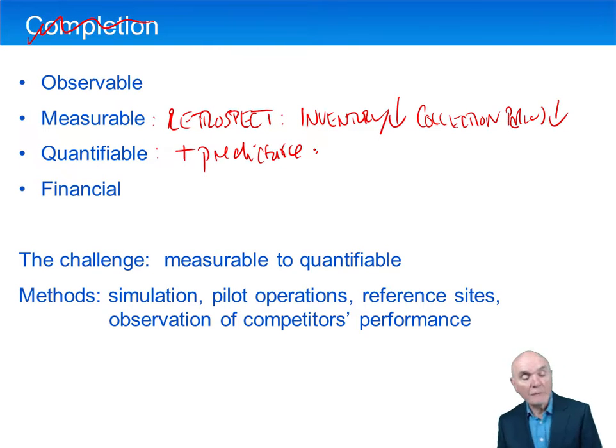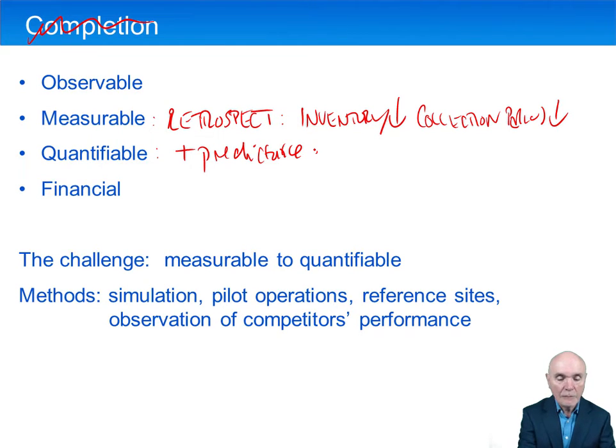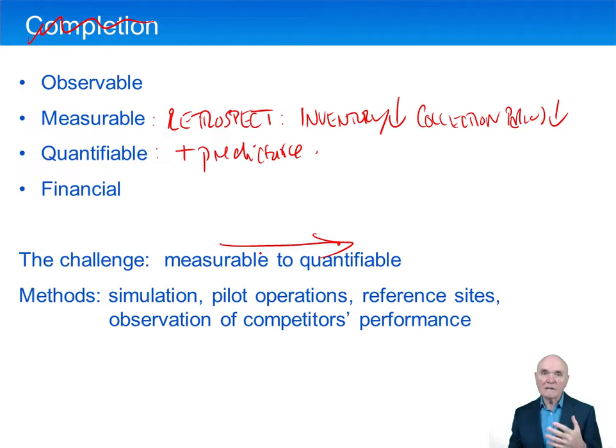And we need some evidence. The sort of evidence that might move us from measurable to quantifiable, because once we're on to quantifiable, we're on to figures, and once we're on to figures, we can be on to money pretty quickly. And once we're on to money, we can do the cost-benefit analysis.